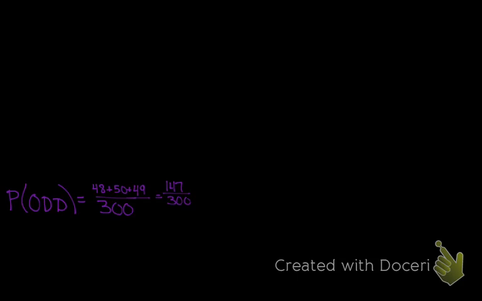So now remember what we said. If there's something we could do to the denominator to make it 100, I can do the same thing to my numerator. Is there a way to get from 300 to 100? Yes. How? Divide by 3.